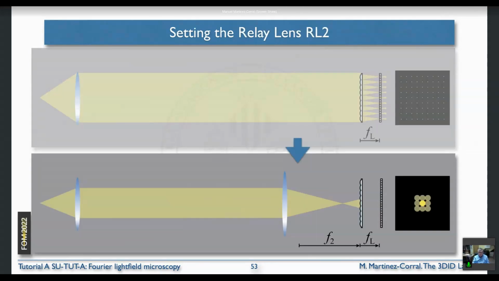Second, the second thing we need is to insert the second lens of the relay system. So please make sure, okay, this is parallel, make sure that this is perpendicular to this axis, and then you have to move it till you find this solution.